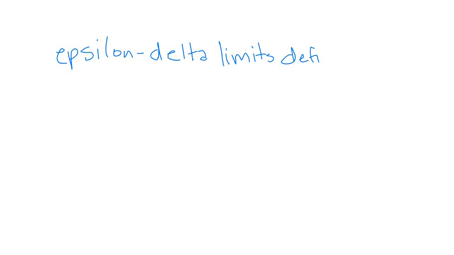Therefore, we have our epsilon delta limits, and what they're going to do is let us define what close is. So this is going to be a lot less vague than our previous definition.